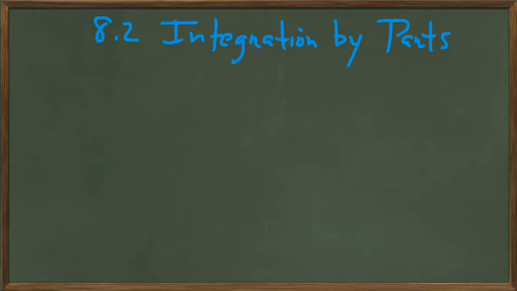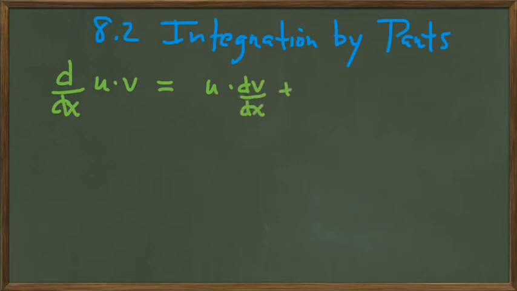to resolve the integral. So let's actually start with the product rule, which is the derivative with respect to x of u times v, and we know that that is the first times the derivative of the second plus the derivative of the first times the second.